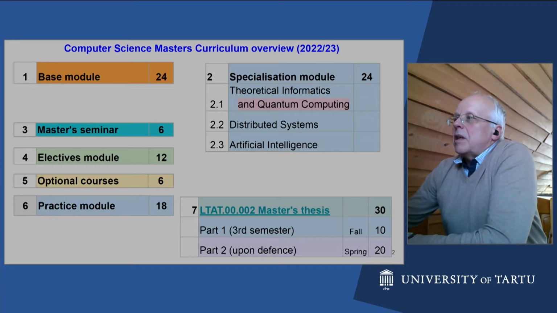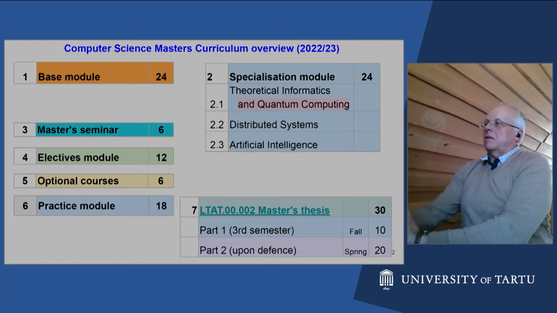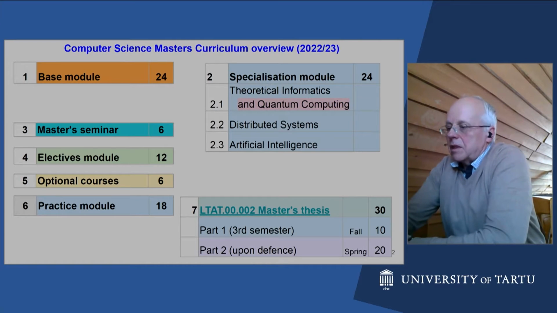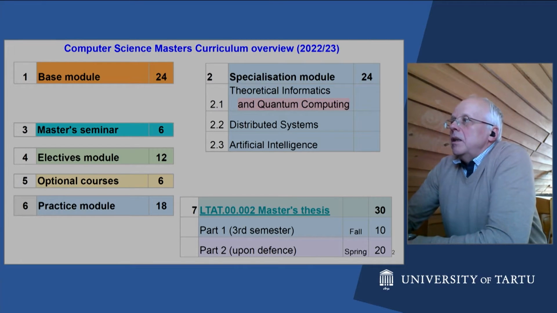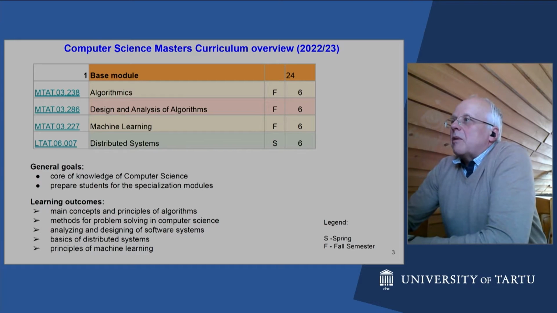Then the master seminar module is 6 credits, the selectives module 12 credits, and then optional courses and the practice module. And the curriculum ends with the master thesis, which is 30 credits in total and can be done in 2 parts.